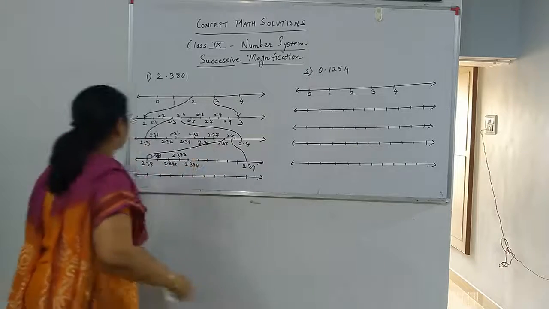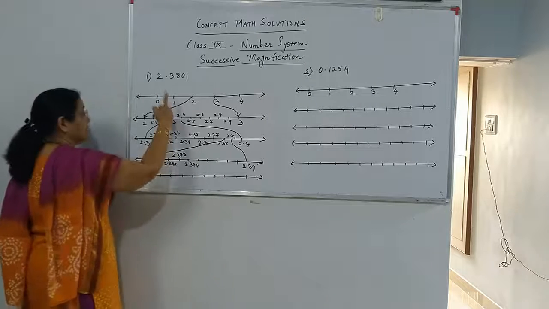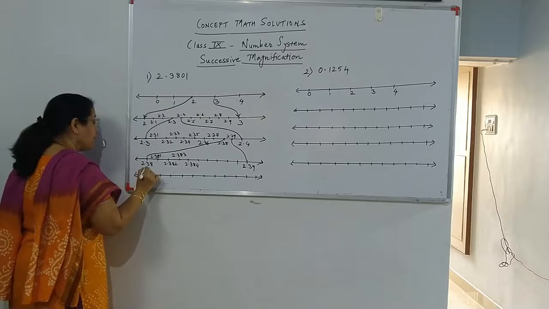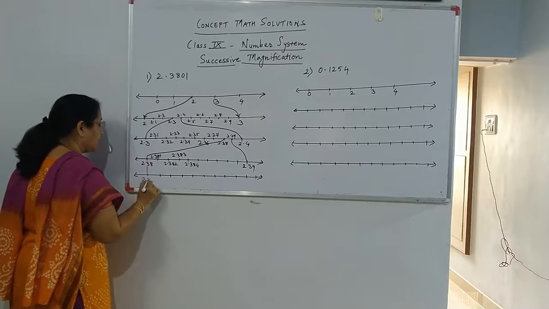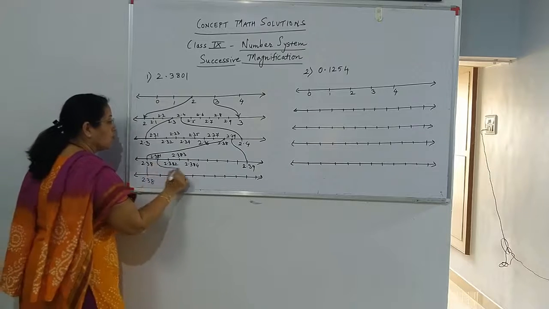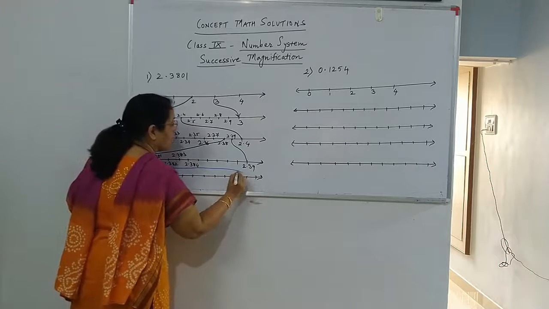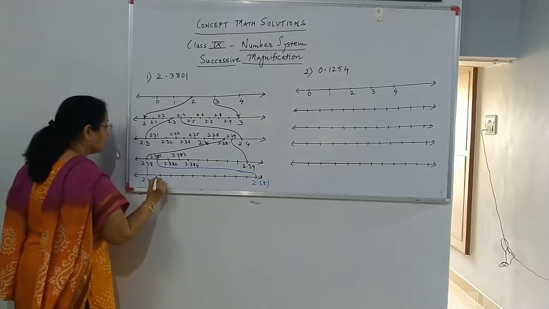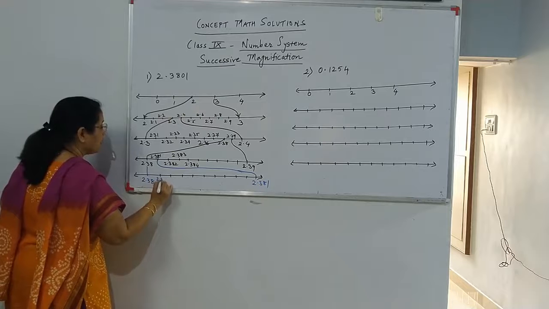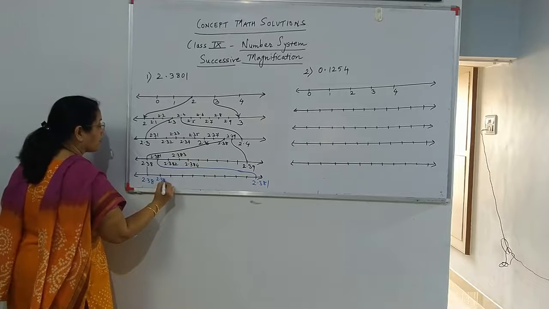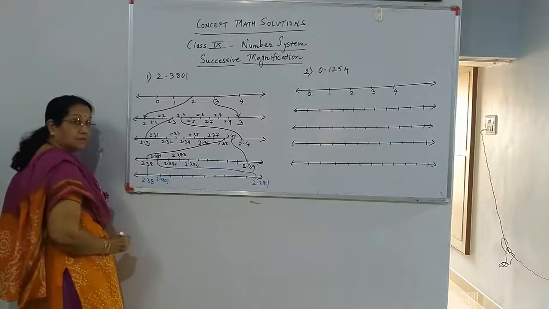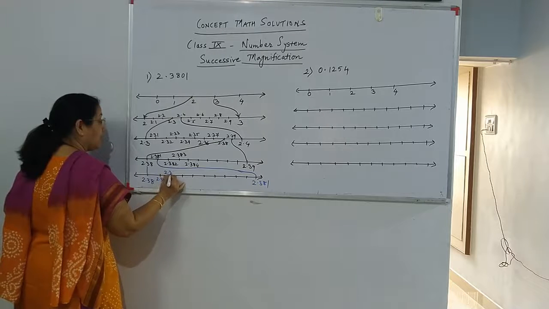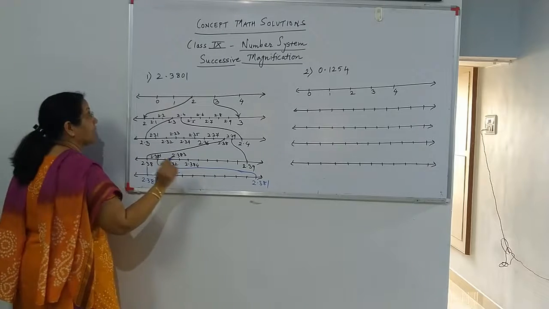Now 2.3801 will be between 2.38 and 2.381. Yes, so this will be 2.3801, 2.3802 and so on.